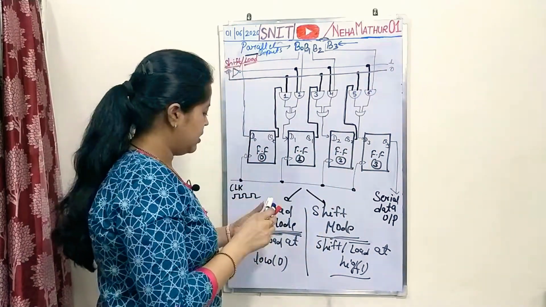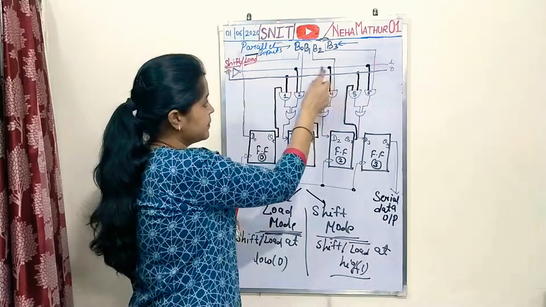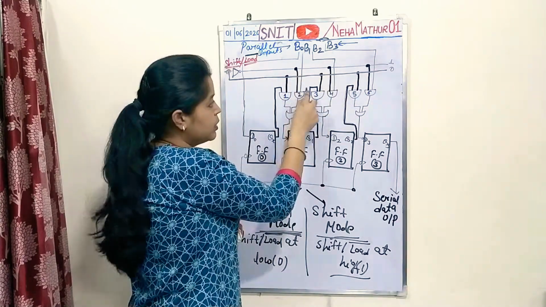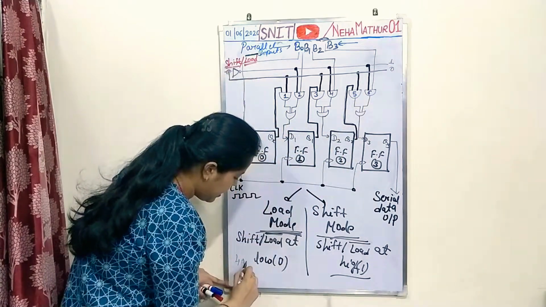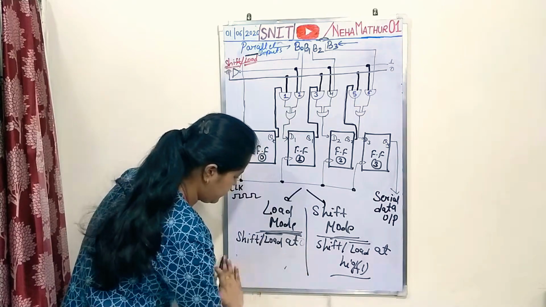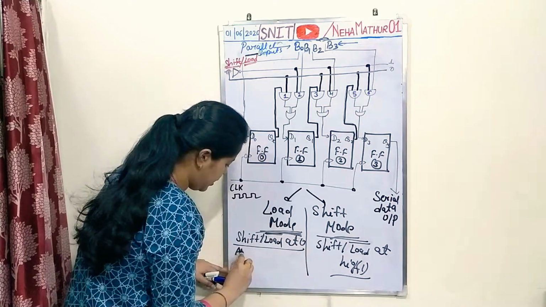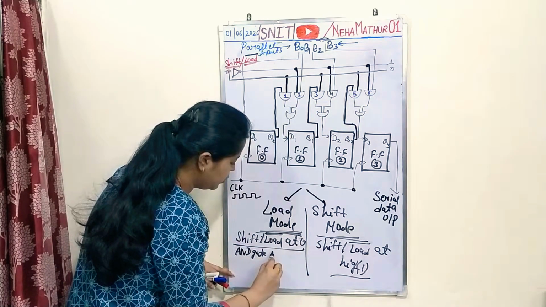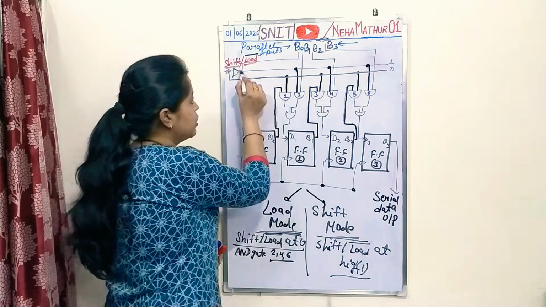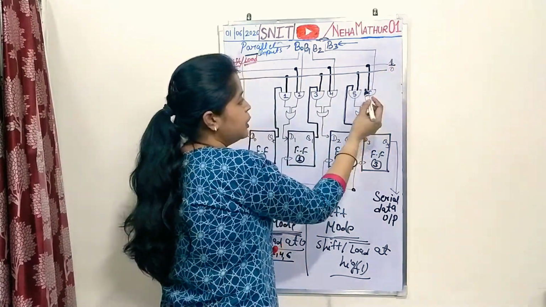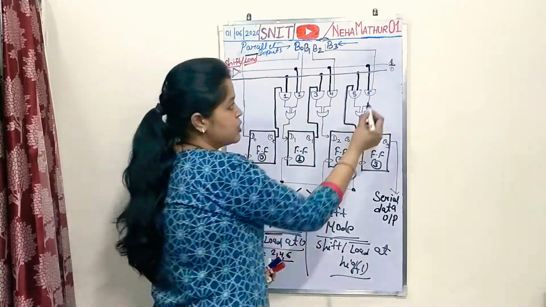Since your upper line is set at 1, your AND gate number 2, gate number 4 and gate number 6 will become active, because this line is 1 and this one is able to activate gate numbers 2, 4, 6, while 1, 3, 5 are inactive because of this 0.